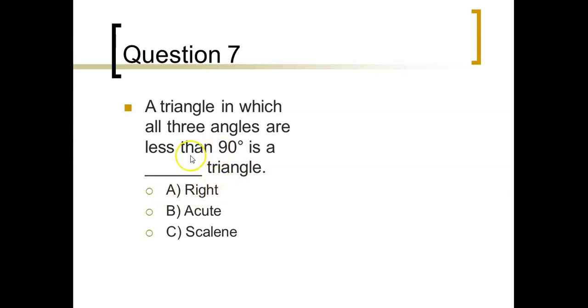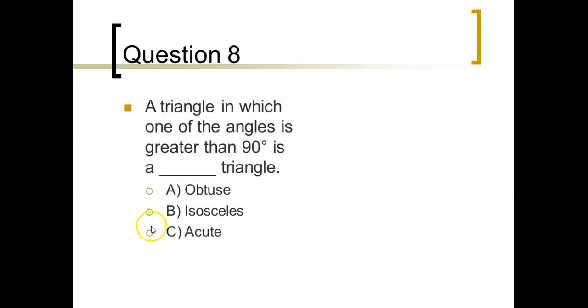Once all three angles are less than 90, we call it what? An acute triangle. That's option B. So let's continue. Question 8. A triangle in which one of the angles is greater than 90 is a dash triangle. Once a triangle has one angle greater than 90, it is an obtuse triangle. That's option A. Let's move on.